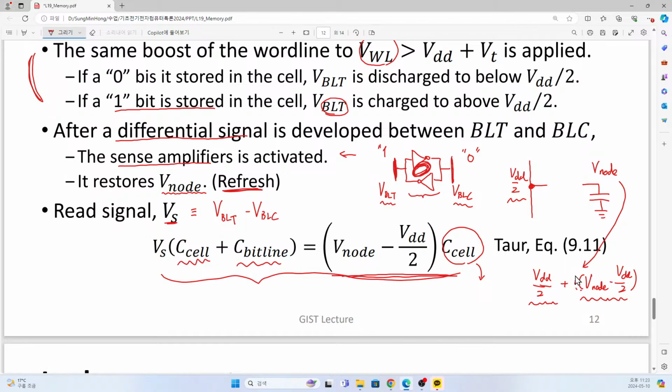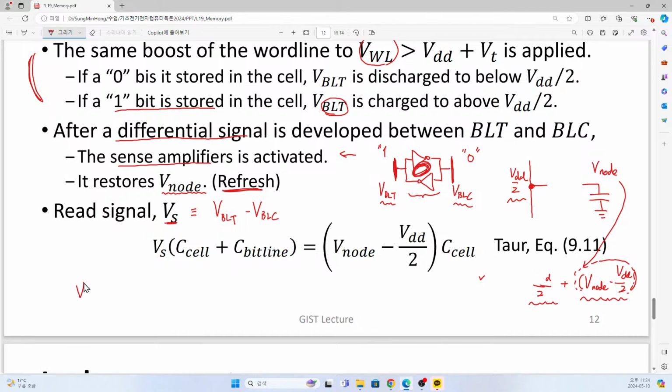So this excessive charge is shared by now cell and bit line, and that is corresponding to the common voltage which can be read in our sense amplifier. So simply speaking, let me just express this expression once again.